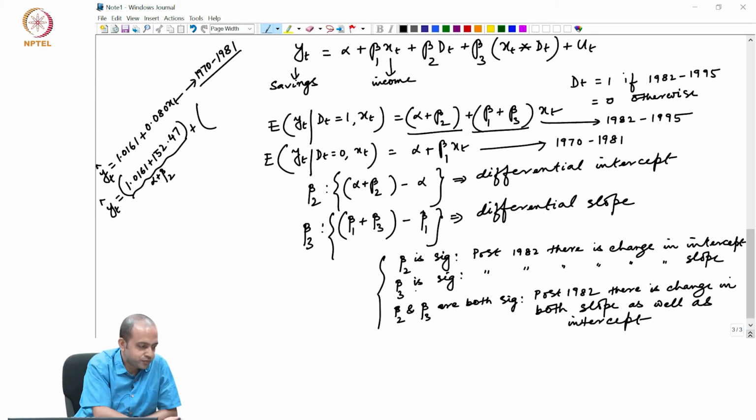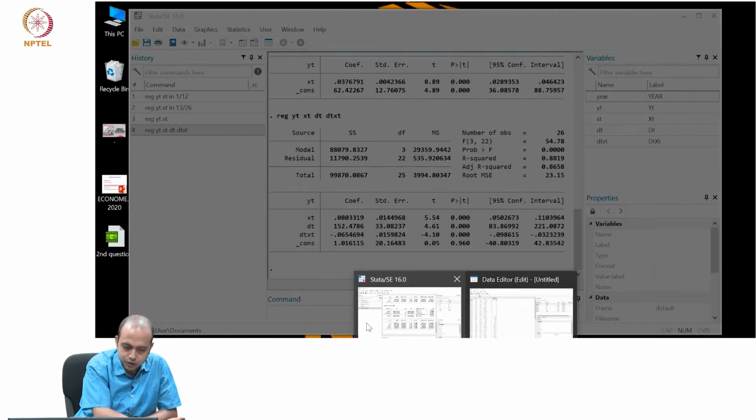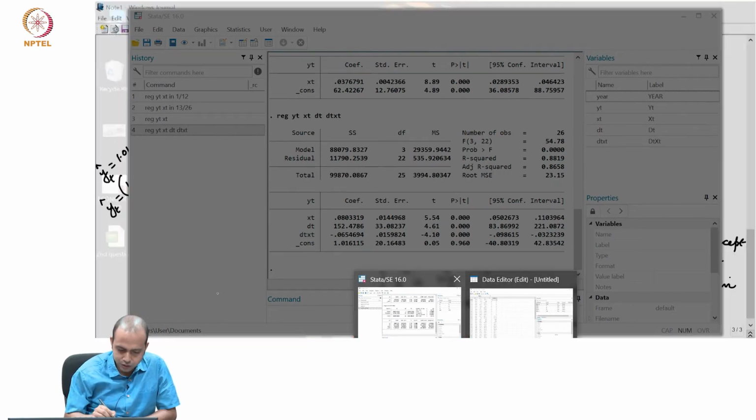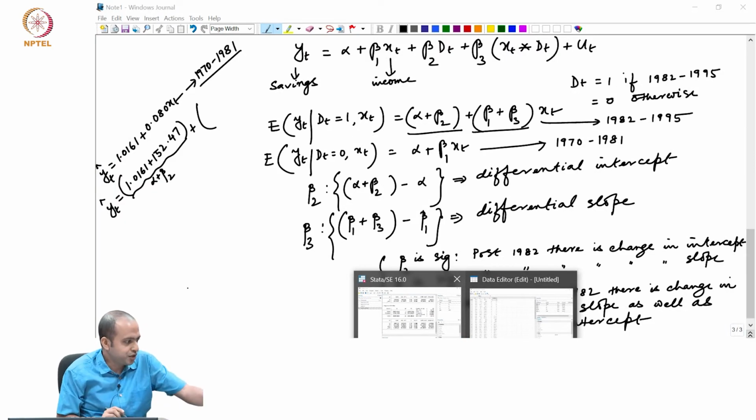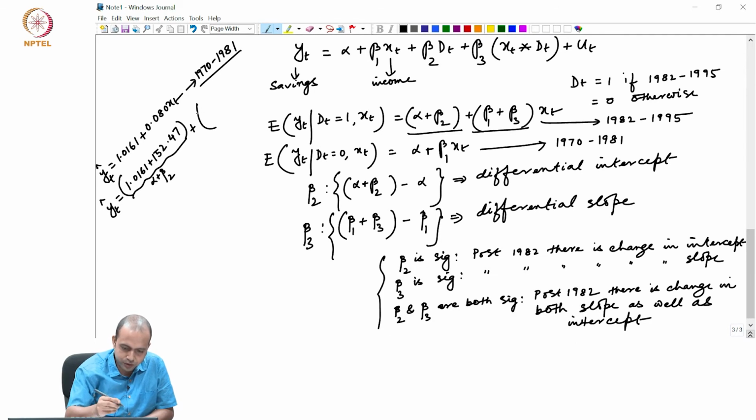You already know that beta 1 is 0.080. So this is 0.080 minus, what is the differential slope?